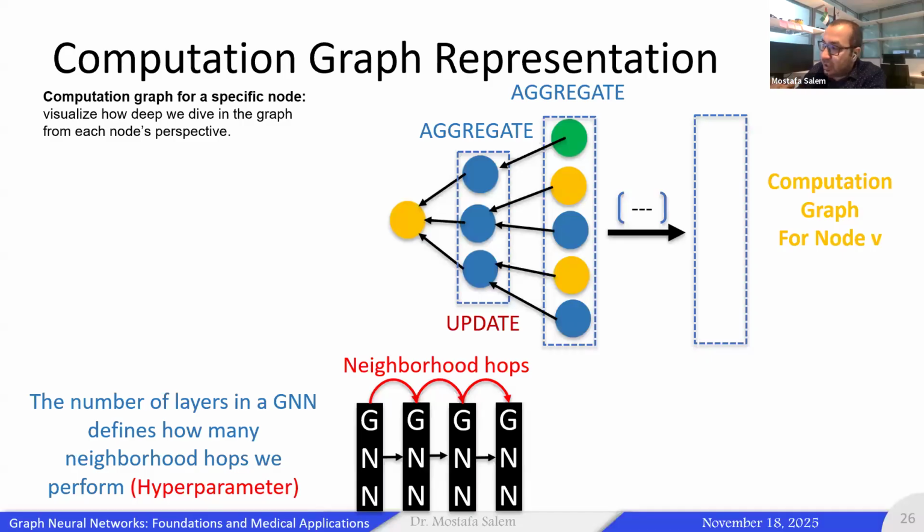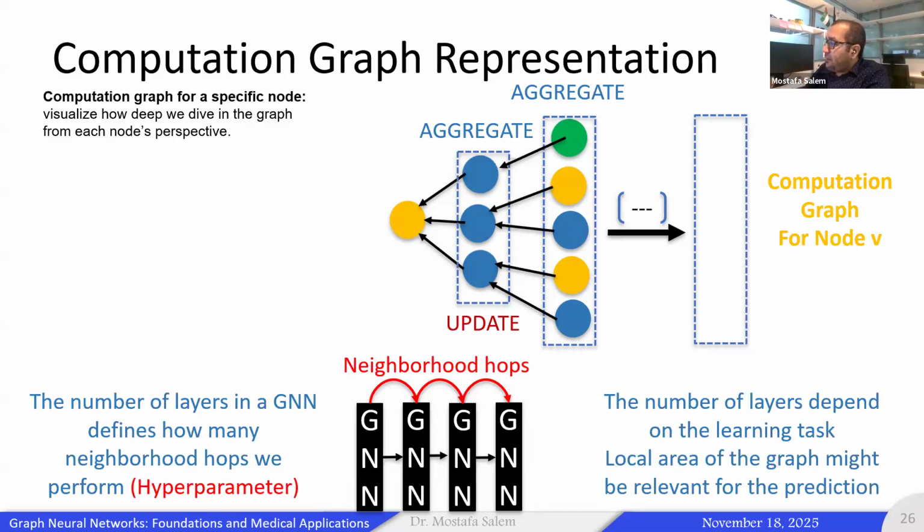So it's very important to highlight the number of hops, or the number of message passing layers, and this is a very important hyperparameter. You have to validate, or cross-validate, using your validation data to choose the best one that relates to the problem you want to solve. The number of layers depends on the learning task.